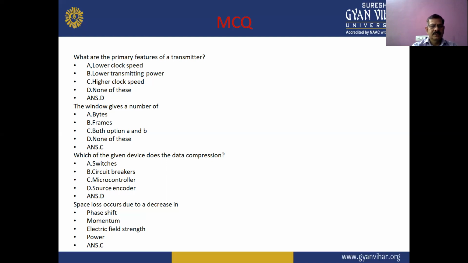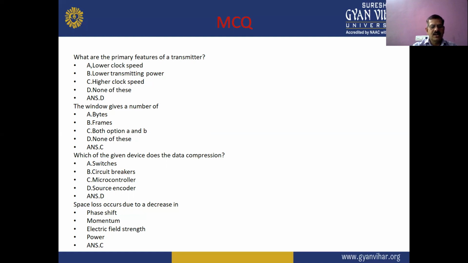In next, which of the given devices does the data compression? A is the switches, option B is circuit breakers, option C is microcontroller, option D is the source encoder.